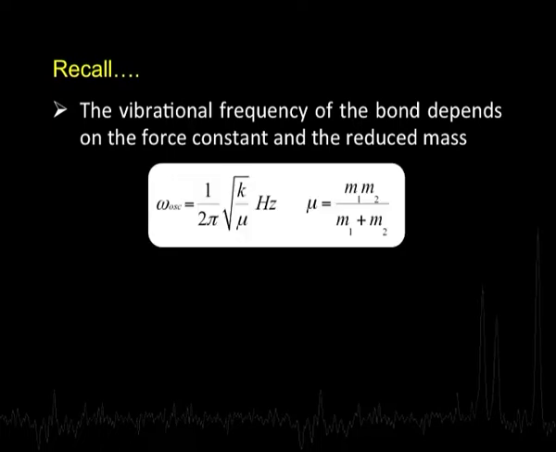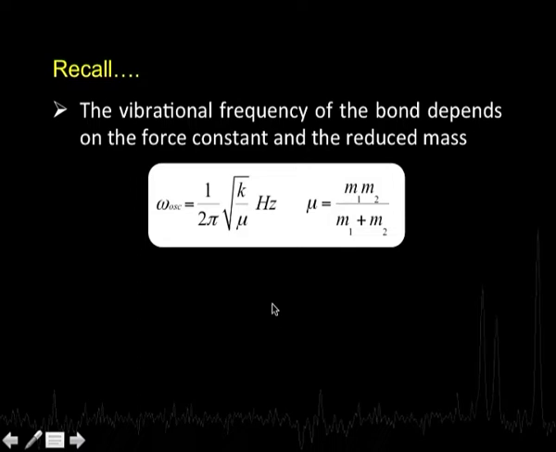This is a very important relationship: the oscillation frequency is equal to 1 by 2 pi square root of k by mu. K is the force constant, the strength of the bond, and mu is the reduced mass, given by mu equals m1 into m2 divided by m1 plus m2, where m1 and m2 are the masses of the two atoms which are joined together.